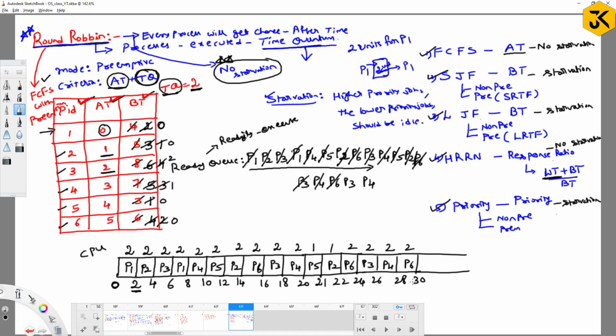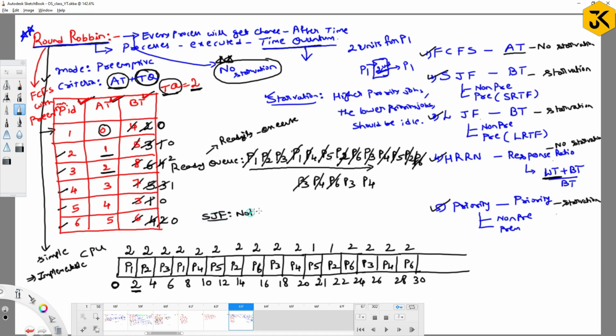Guys, this process might be a hectic process, but it is one of the efficient algorithms and a simple algorithm which can be implemented. Why can it be implemented? Because coming to SJF, guys, can it be implemented or not?